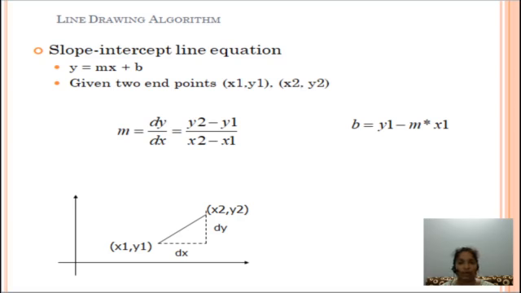If you know the endpoints, say x1, y1 and x2, y2, you can find out the slope by using this equation. m is equal to dy by dx. dy is y2 minus y1 and dx is x2 minus x1. The difference in y value will be dy and the difference in x value will be dx. So you can find out the slope by using this formula.